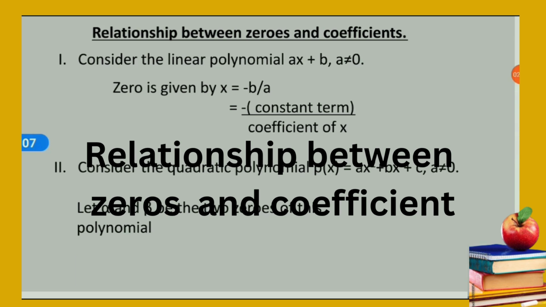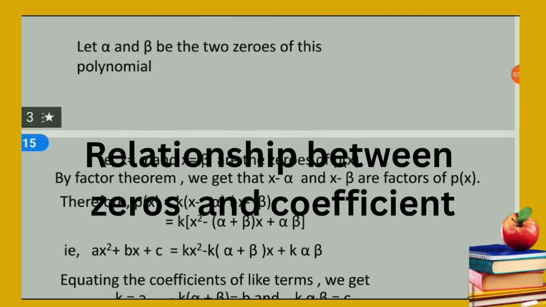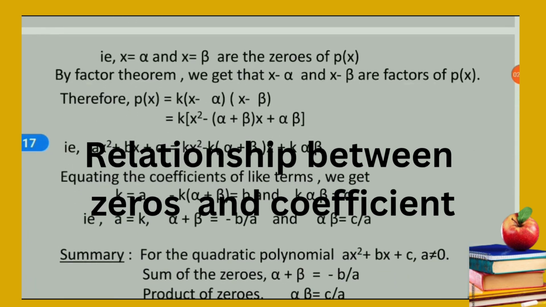Now we are assuming the zeros of this polynomial are alpha and beta. Let alpha and beta be the zeros of this quadratic polynomial. That is, we are assuming x equal to alpha and x equal to beta are zeros of the polynomial p of x. Then in 9th class we studied the factor theorem.